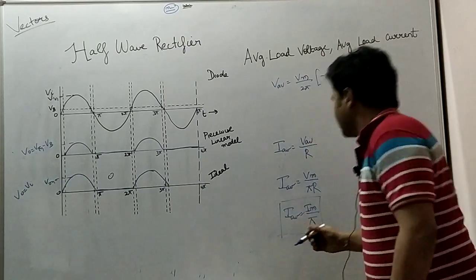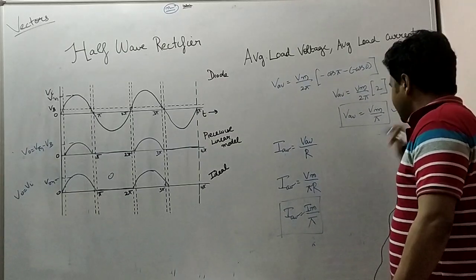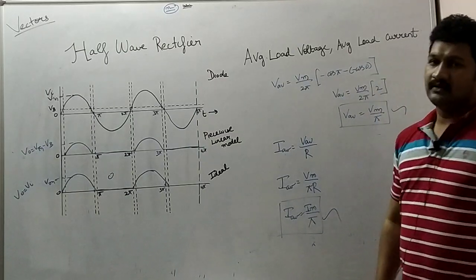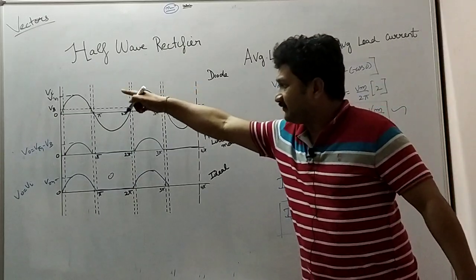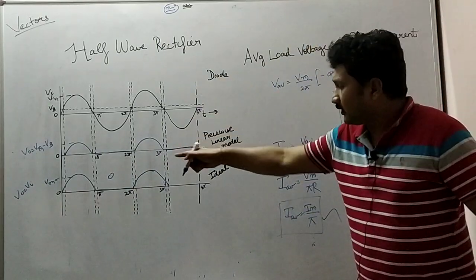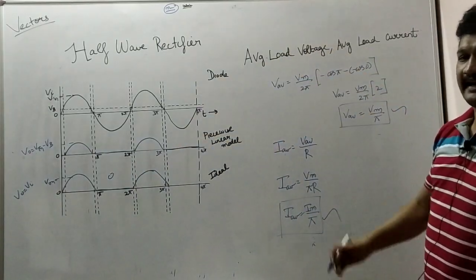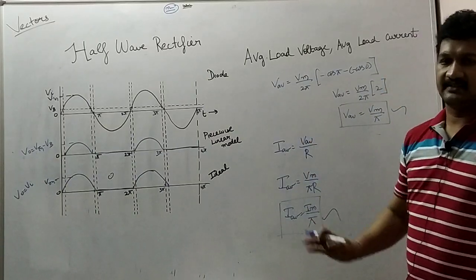So this is the expression for average load current. So we got V average and I average. So keep one thing in mind, that if you write Vm all over, you have to follow Vm till the last, Vp all over, Vp till the last. Anything is fine, but be uniform throughout the derivation. Thank you.